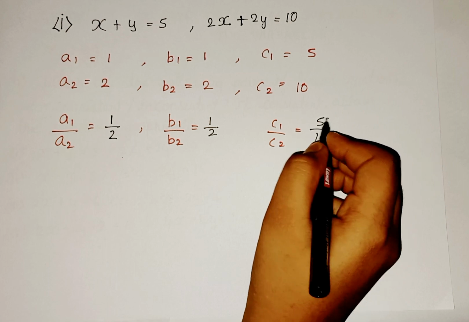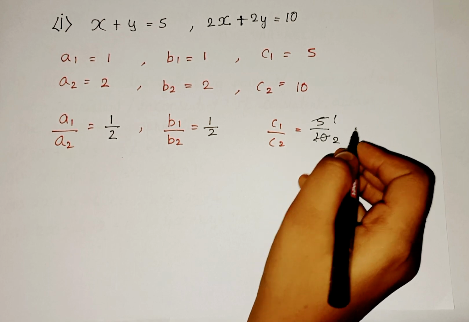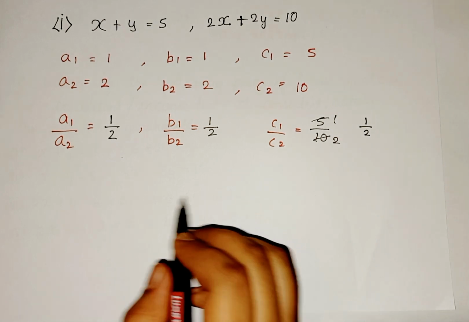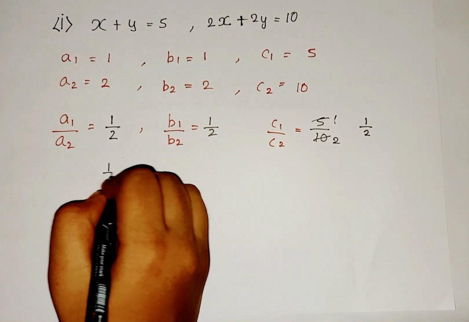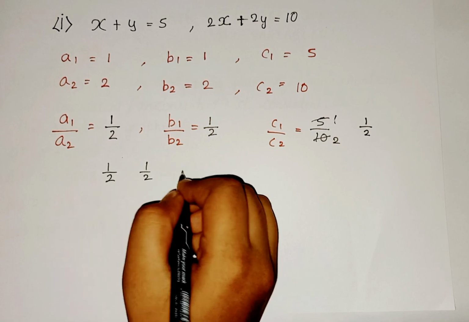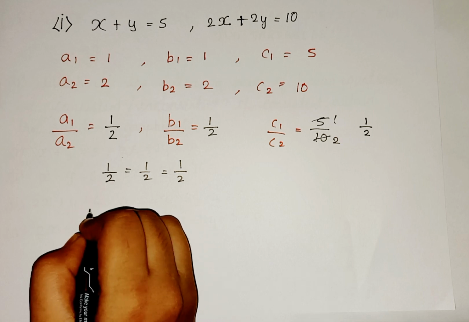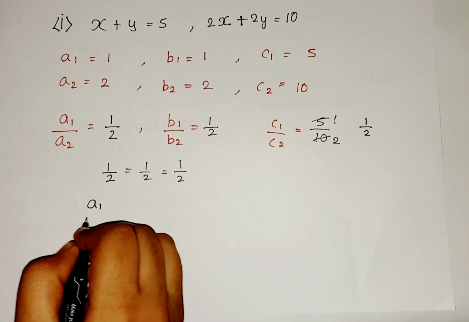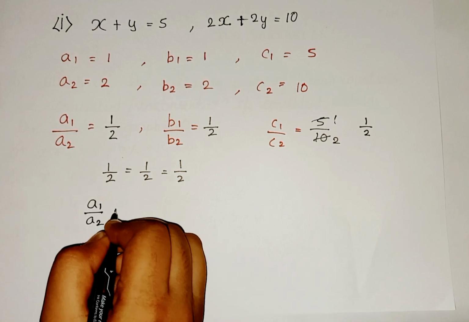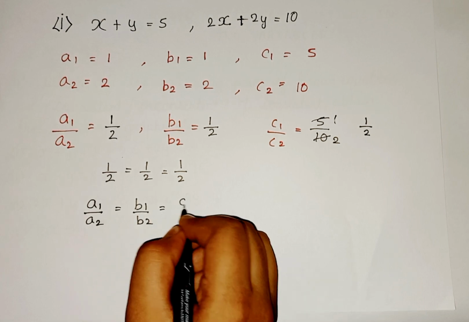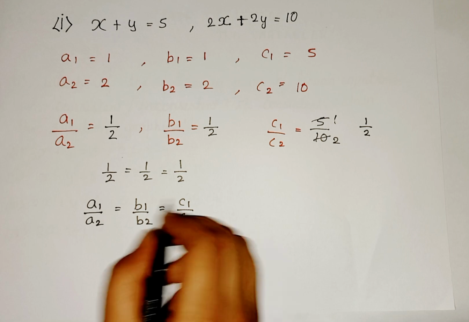We can cancel: 5 ones are 5, 5 twos are 10. So now it is 1 by 2. We got 1 by 2, 1 by 2, 1 by 2. Everything is equal, isn't it? If it is equal, we can apply the rule, that is A1 by A2 is equal to B1 by B2 is equal to C1 by C2. This is the rule, isn't it?